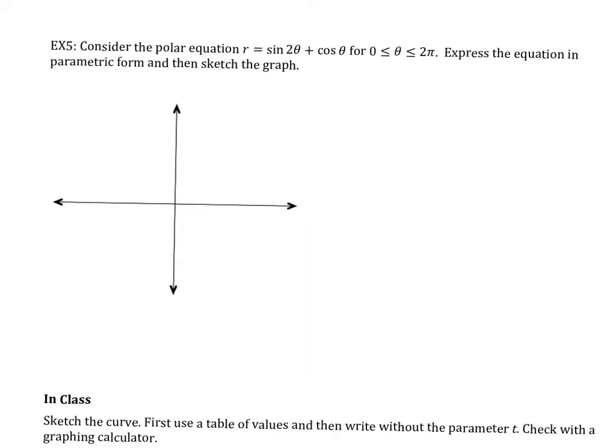Now let's explore what's going on with parametric equations as they relate to polar equations. So for polar equations, we have these forms: x equals r cosine theta and y equals r sine theta. So these are actually equivalent.